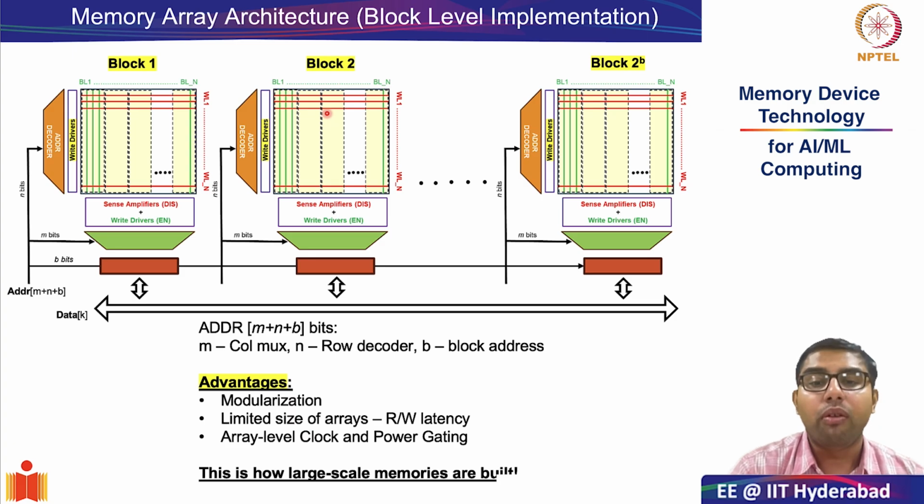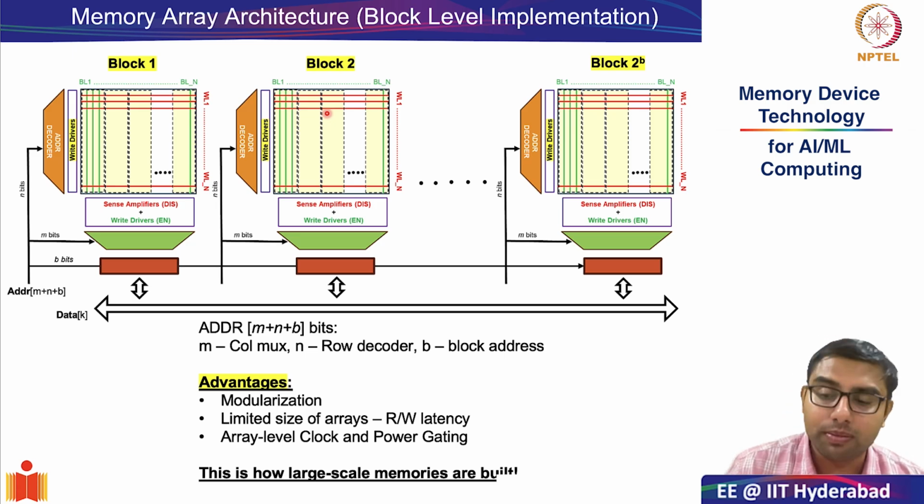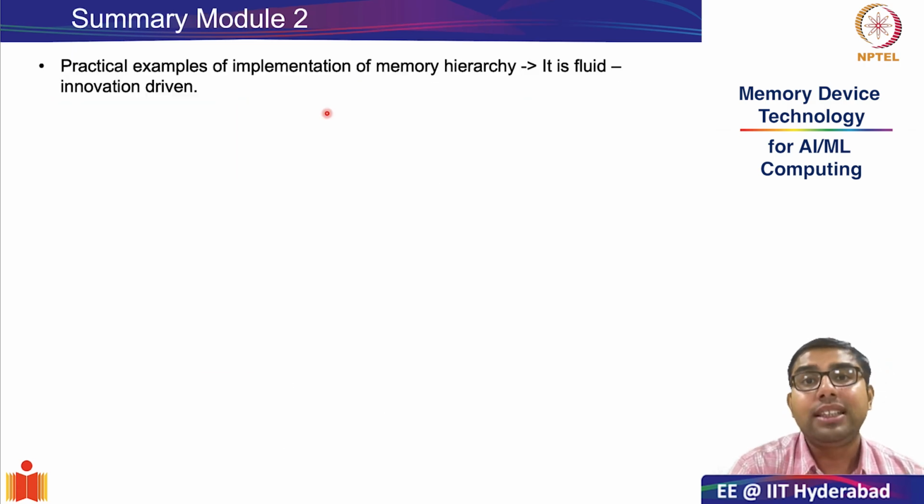With this, we conclude our module 2, and I hope you have got a fair bit of idea how using very intelligent memory array architecture, large scale memories are built. This is a good time to summarize what we discussed in module 2.